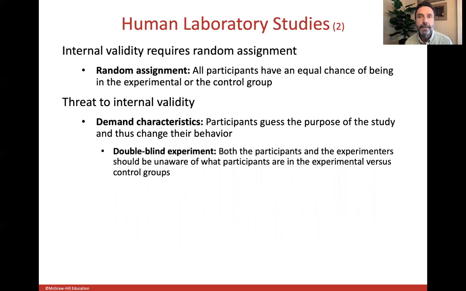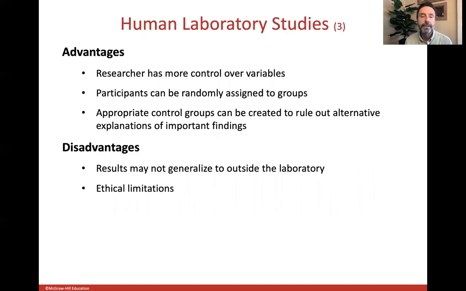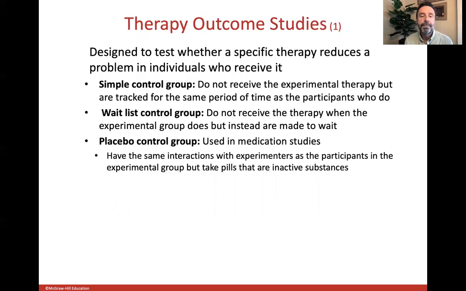A double-blind study is where the participants and the researchers do not know who's receiving the treatment and who's not receiving the treatment. Double-blind is important because we found out that if the researchers know who's receiving the true treatment, they treat those people differently than they treat the people that are, say, getting the placebo or the sugar pill. So double-blind is what we were really looking for. Let's keep going.